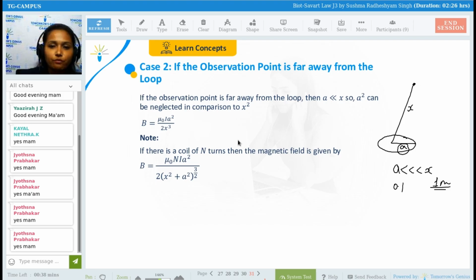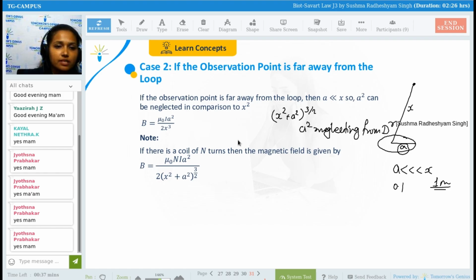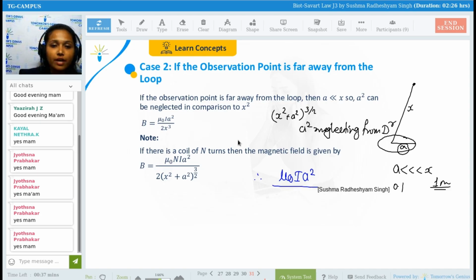At that time, in the denominator, we have (x square plus a square) raised to power 3 by 2. So in the denominator, instead of taking a square, we neglect a square. Your formula becomes mu naught I A over 2 (x square plus a square) power 3 by 2, but in the numerator we can't neglect.